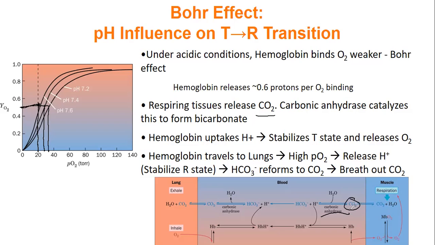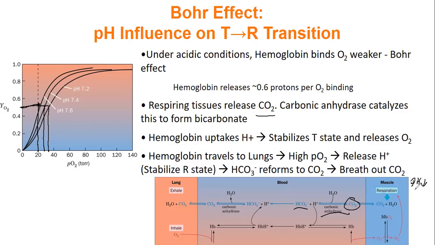What carbonic anhydrase does is combine water and CO2 and make carbonic acid, right? So it changes that CO2 into an acid, which means any muscle tissue that is doing exercise will have acidic blood. The pH will be lower around those tissues.